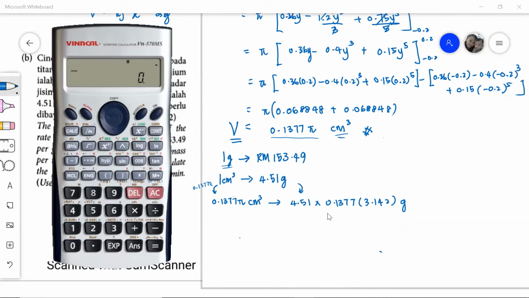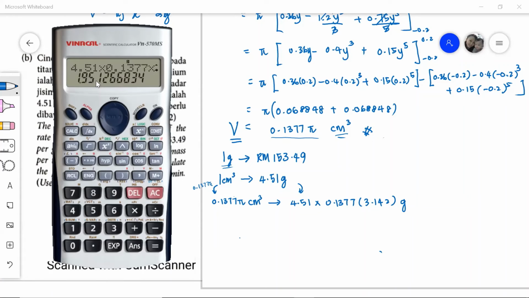So we use the calculator to find the value of 4.51 times 0.1377 pi, where for pi we use 3.142. Okay, now we have 1.95.